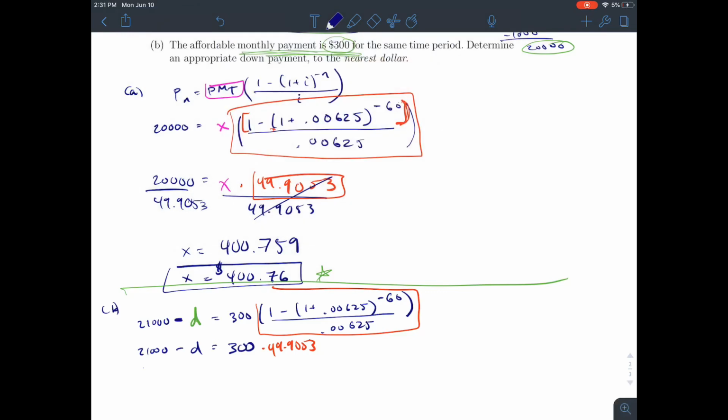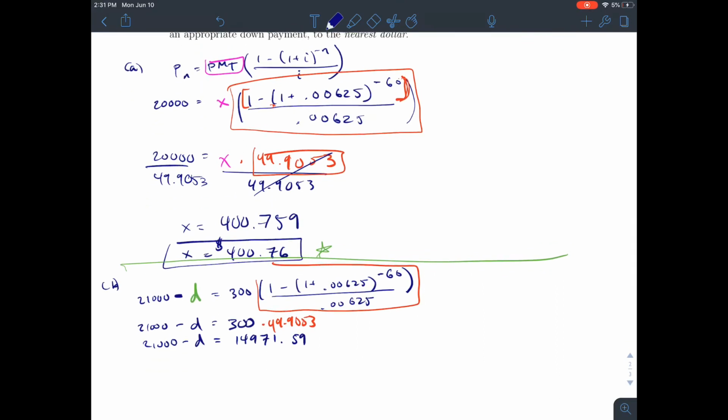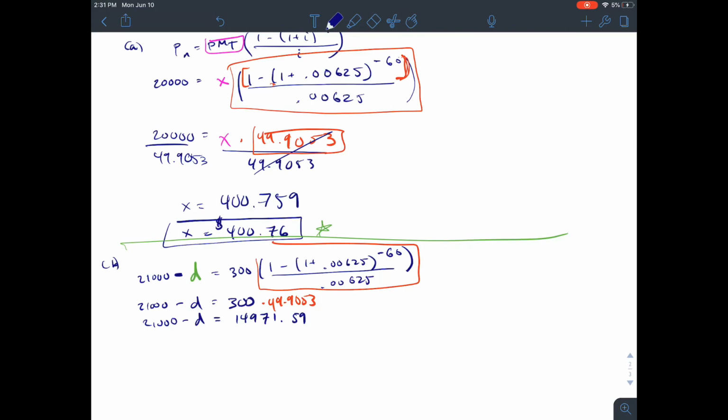So 21,000 minus D is equal to 300 times 49.90530818, and that is $14,971.59. Next up, we need to solve for D from here, so we'll minus 21,000 on both sides.